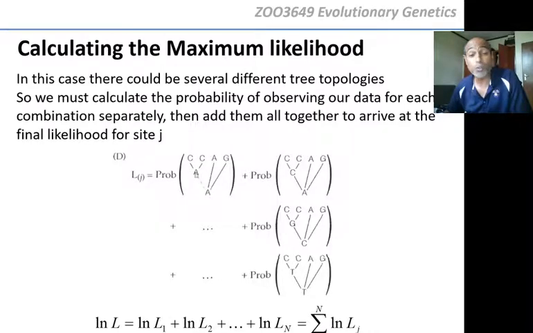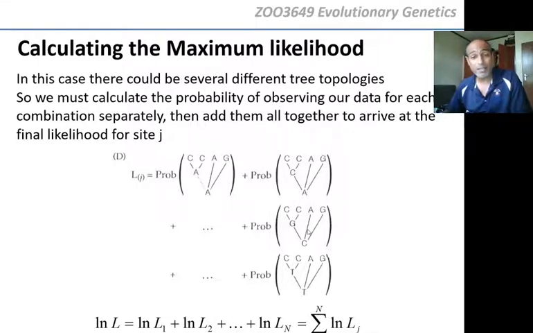Now let us assume that these are not two A's. Let's keep one of them as an A and make one of them a C there. So let's calculate the probability of this tree, and that will be M C to C, M C to C, M C to A, M A to A, M A to G, all multiplied with each other. But C and A are not the only possibilities for the ancestors.